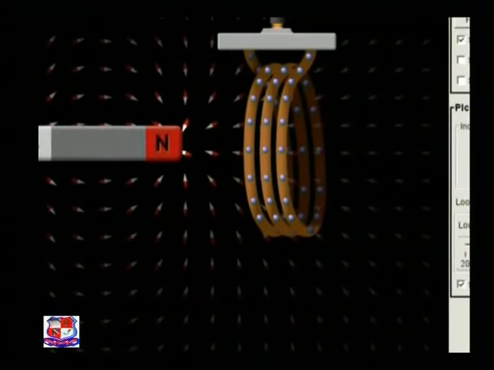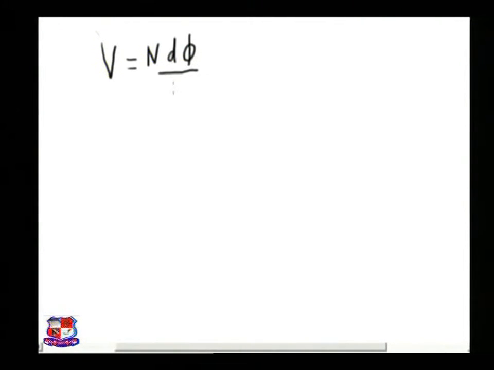So the basic fundamental underlying equation for Faraday's law is this. A changing magnetic field is going to induce a voltage, and in particular, it's a changing flux with respect to time.